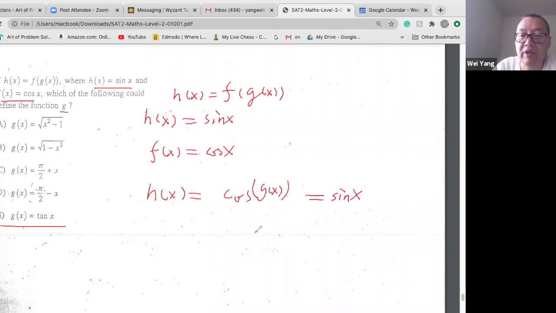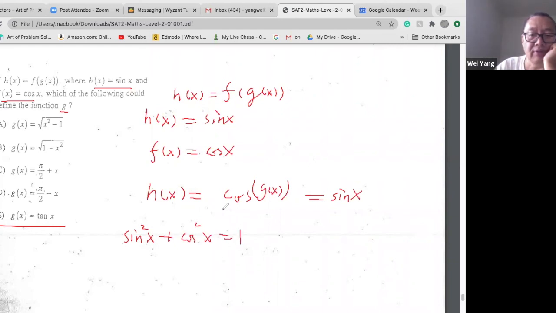So now let's see how you define gx. You know sin x squared plus cosine x squared equals 1.